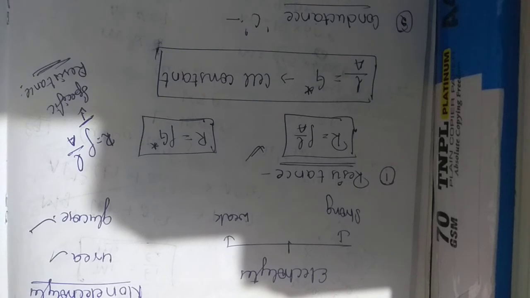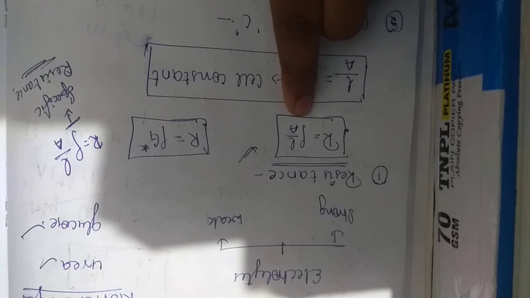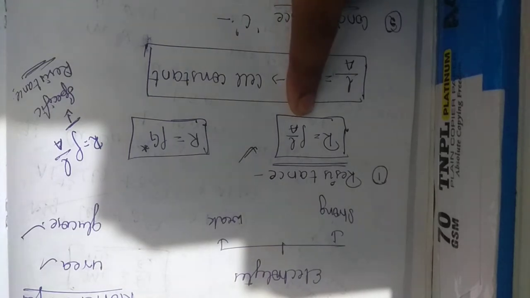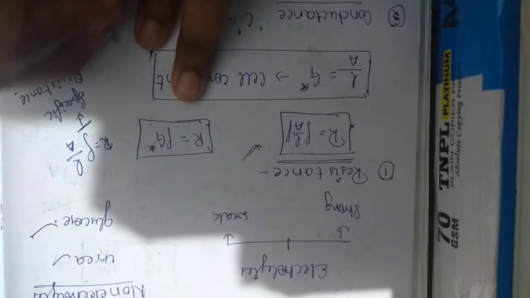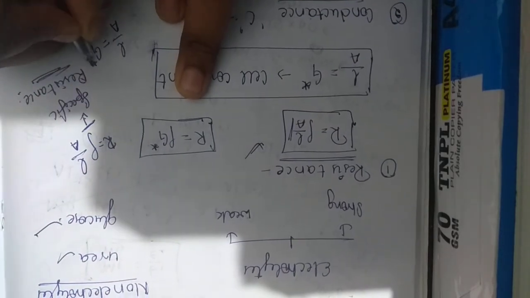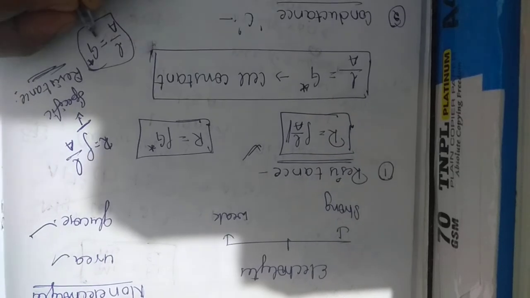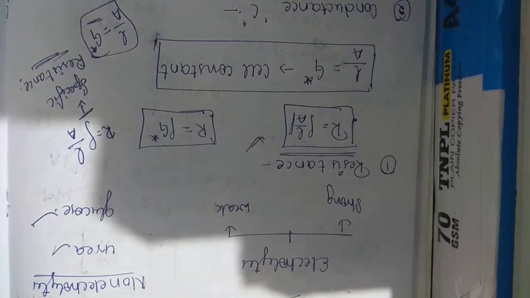You take it for zinc, it will be one value. You take it for copper, it will be another. You take it for silver, it will be another. So this value differs. It's a constant value. Now this length and area are changeable. This length by area, L by A, is called G star. Let's mark it as G star because we might get confused with the Gibbs energy.